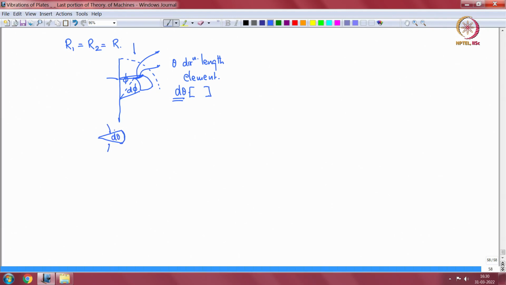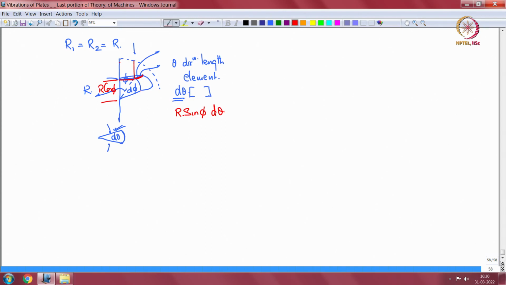So I need this length. This is my radius of the sphere, and I need this length over here. That is r sine phi. This length is r cos phi. So r sine phi d theta is this elemental length.